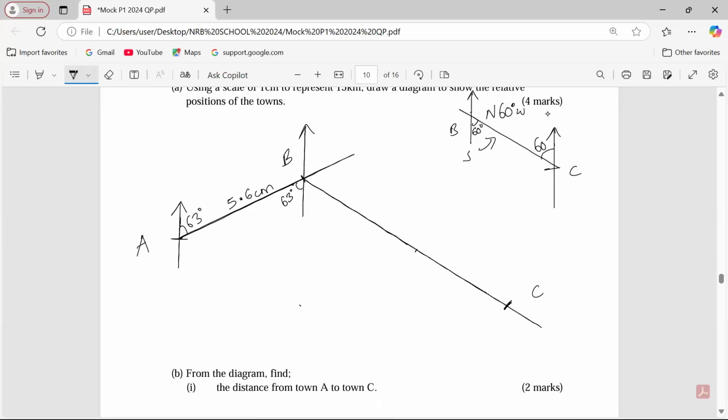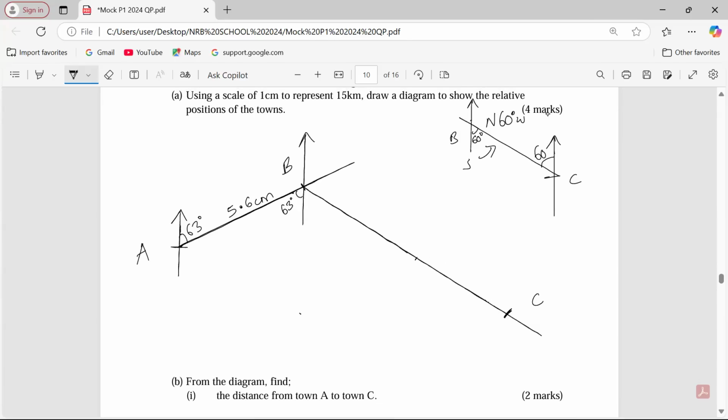Now, at this point, I'm supposed to raise again another compass. Because I measured 60 on the lower side, now I should measure 60 on the upper side. So we draw a compass, a very sharp one.